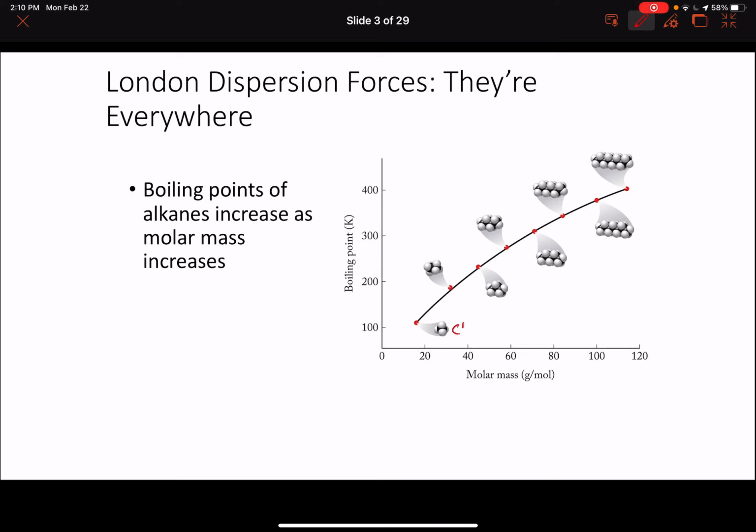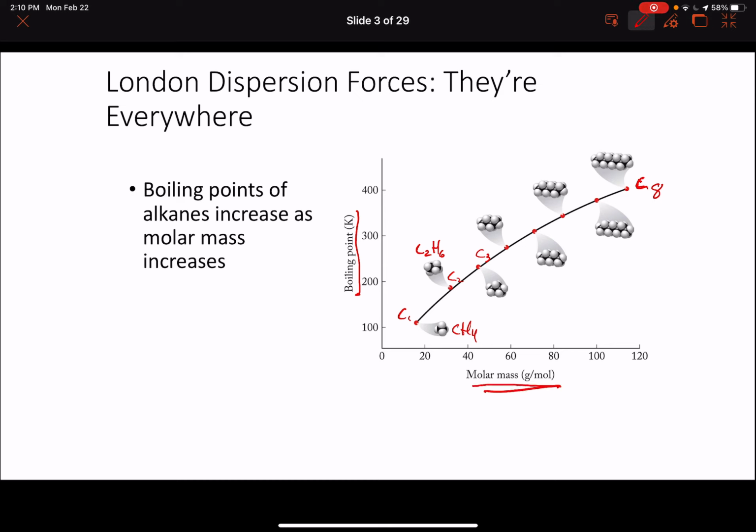So you can actually look at the results in that series the same way. Here's the methane molecule, CH4. Here's the ethane molecule, C2H6, etc. And you can see that as we go from C1 to C2 to C3 and all the way up to the C8 molecule here, we are able to see a nice uniform trend in the boiling point as a function of the molar mass of that compound.